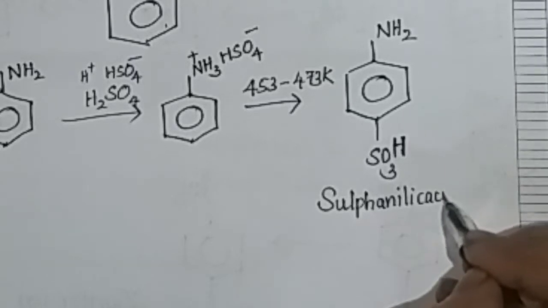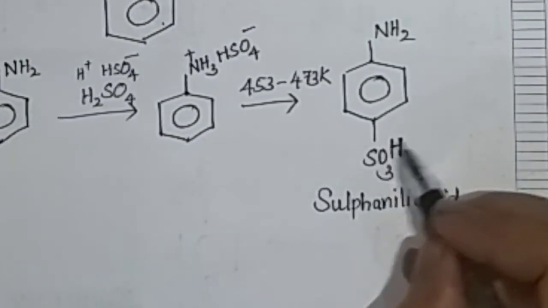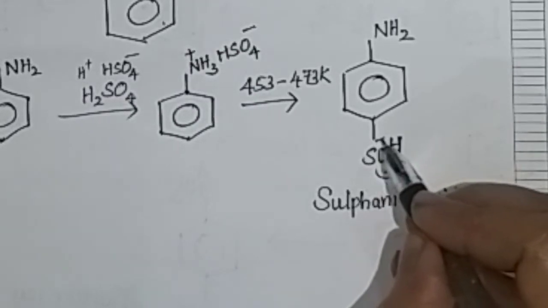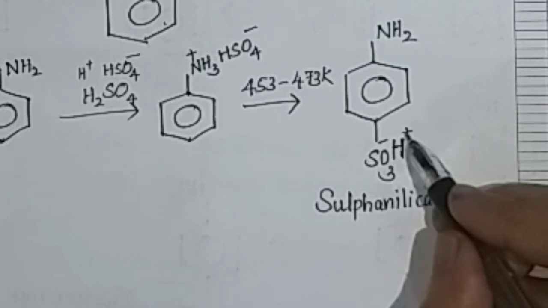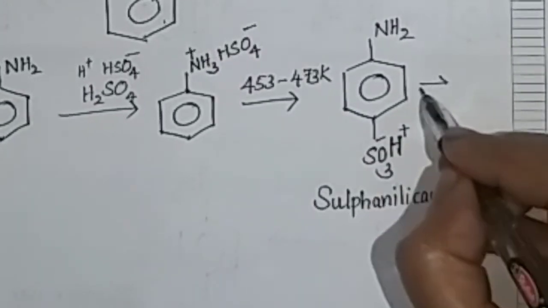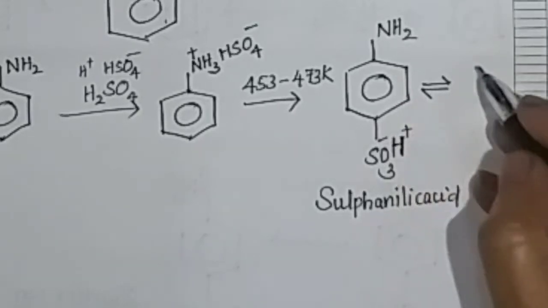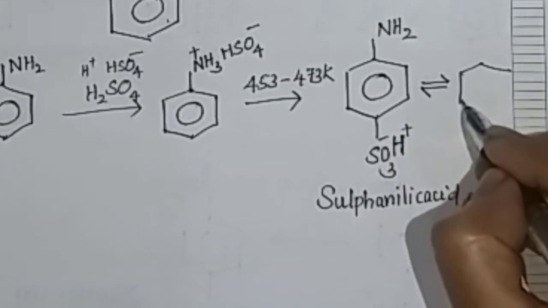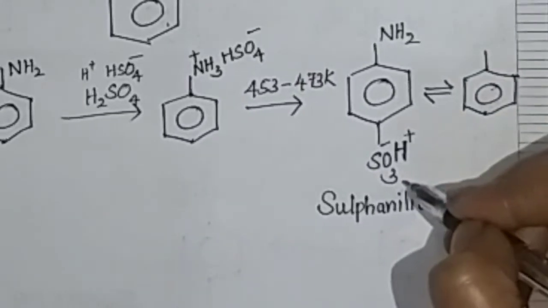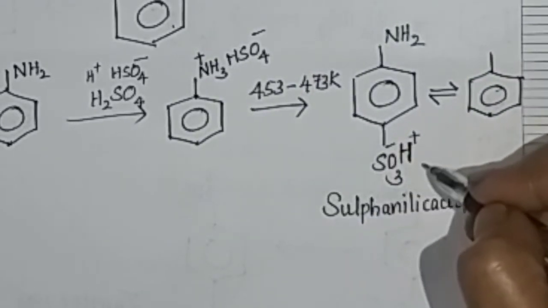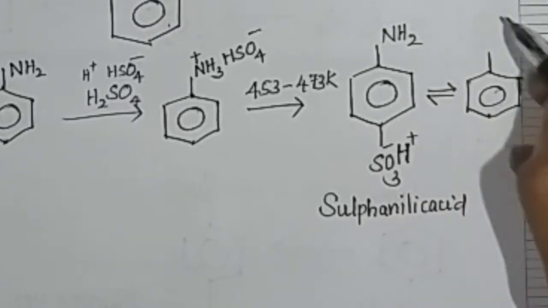In sulfanilic acid, the SO3H group means SO3 minus and H plus. It releases this H plus ion, and the NH2 group, which is basic in nature, accepts that H plus ion. Bases are substances which accept H plus ions, and acids are substances which release H plus ions. So the SO3H group is acidic and releases H plus ion.